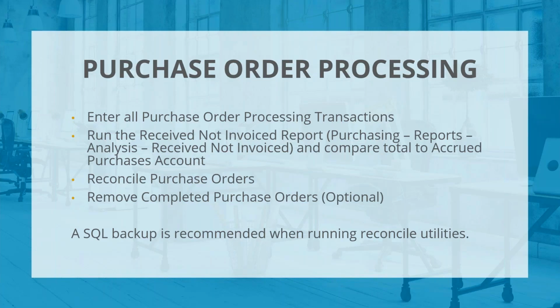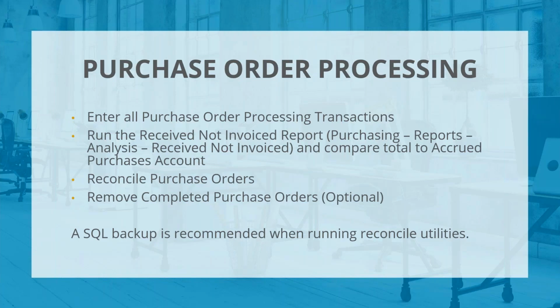That said, if I run the sales order process reconciliation and it takes 7 hours, it's probably worth stopping and making a backup there before I do the purchase order, because if something went wrong with the purchase order reconciliation, I don't want to go all the way back to the backup before the sales order and have to redo the sales order reconcile and then redo the purchase order. So I hope that makes sense in the scheme of when to make backups. If it's a big process and it took 7 hours, when it finishes, make another backup before you start the next process that could take 7 hours, okay?